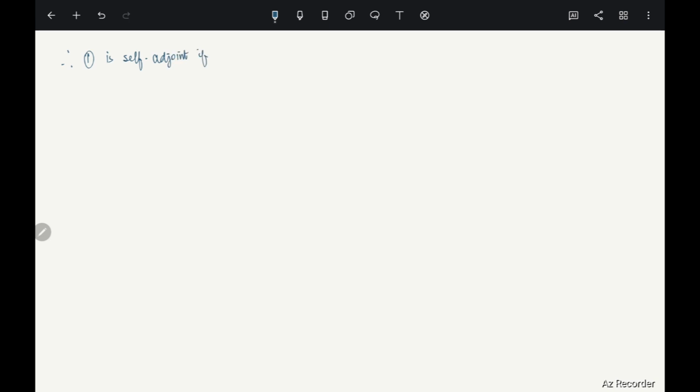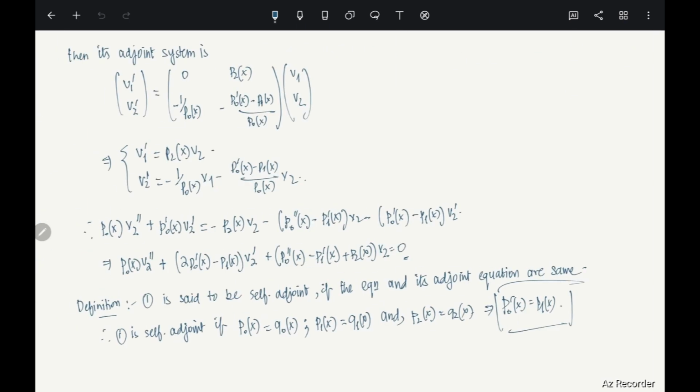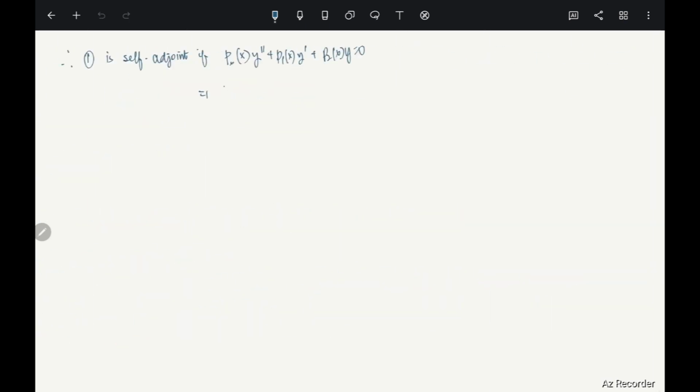if, you see, this is 1, right? P naught of x y double prime plus P1 of x y prime plus P2 of x y equals 0. Now if it is self-adjoint, P naught prime is P1, so you can write it as P naught of x y prime, whole prime, plus P2 of x y equals 0.